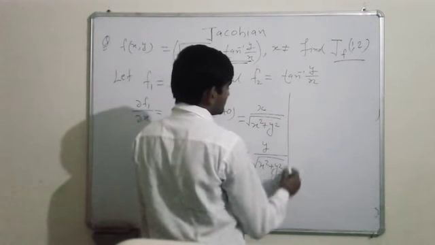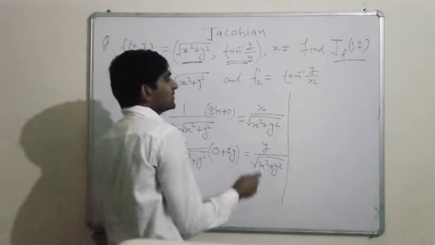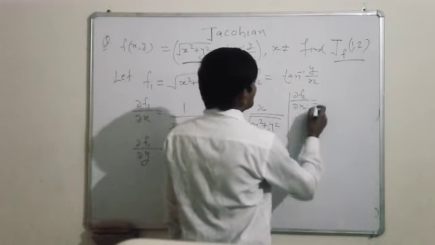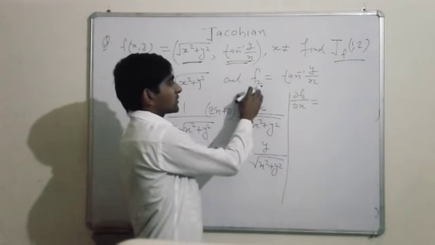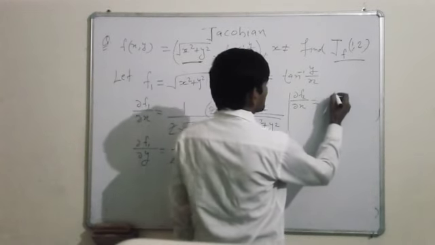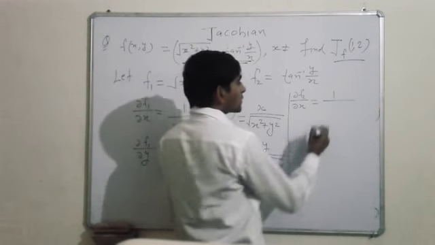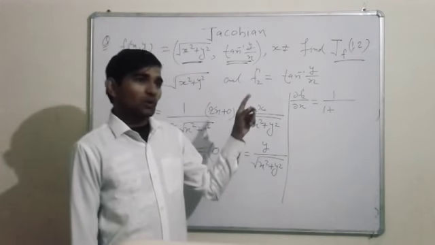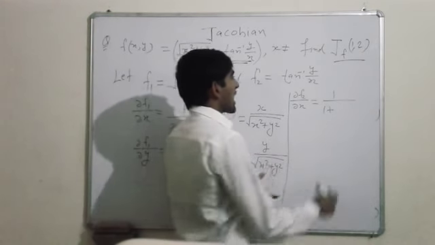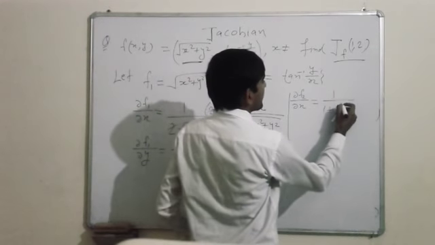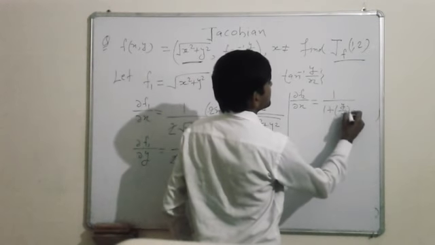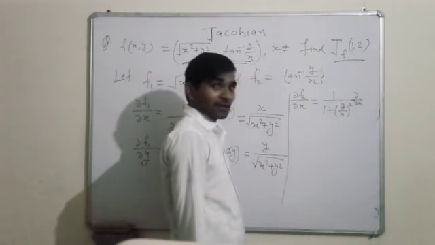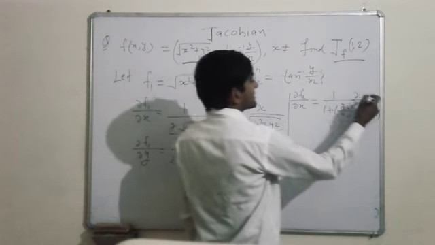In respect of the f2 function, we find ∂f2/∂x. The partial derivative of f2 with respect to x: the derivative of tan⁻¹x is 1 over 1 plus x². So here it is 1 over 1 + (y/x)², and ∂/∂x of y/x.